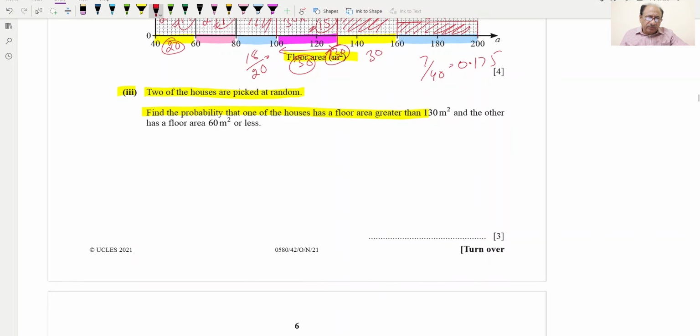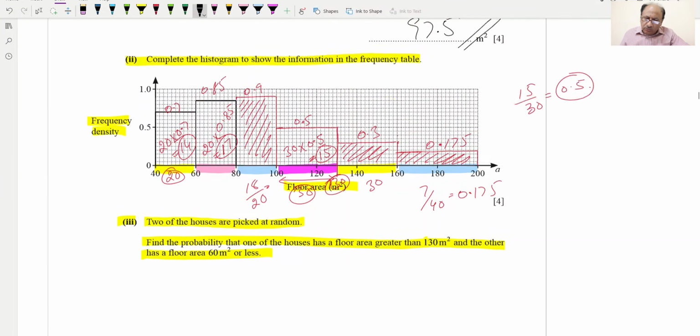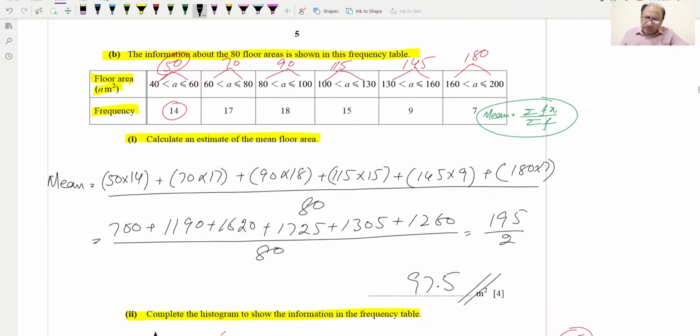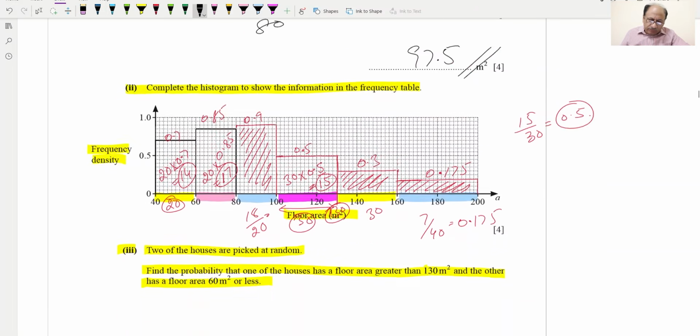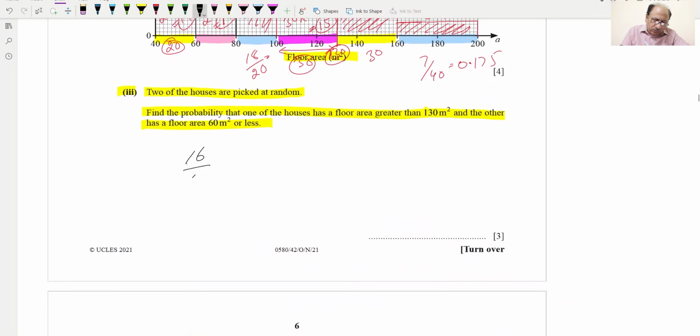Now they are saying find the probability that one of the houses has a floor area greater than 130 meters square, and the other has a floor area of 60 meters square or less. So one house with area greater than 130 will be 9 plus 7. We will combine these two, 16 out of 80.